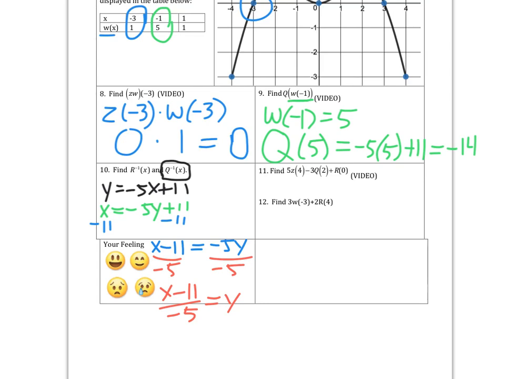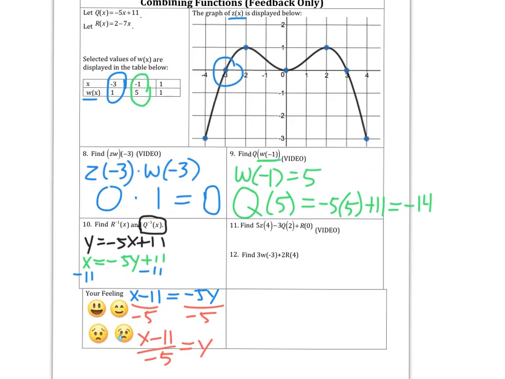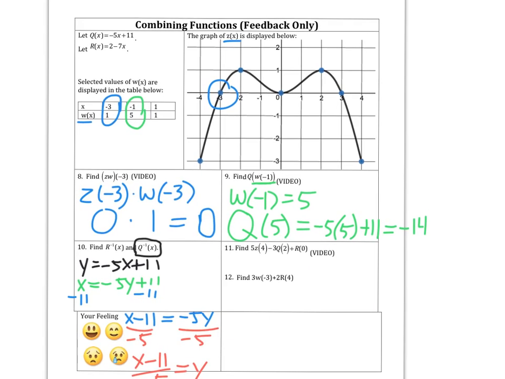For number 11, which is on the video, we're going to be finding 5z of 4 minus 3q of 2 minus r of 0. Lots of stuff to do there, so let's do each of these individually. First thing is z of 4. Z of 4 is using my graph, and the height when x is 4 is going to be -3.